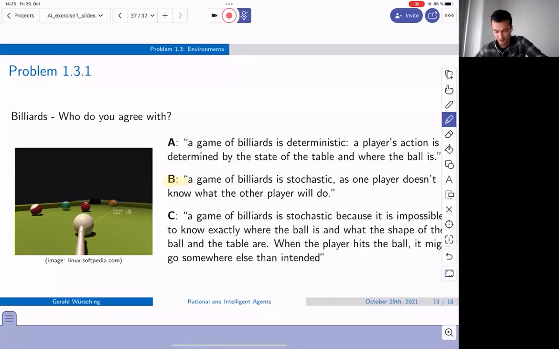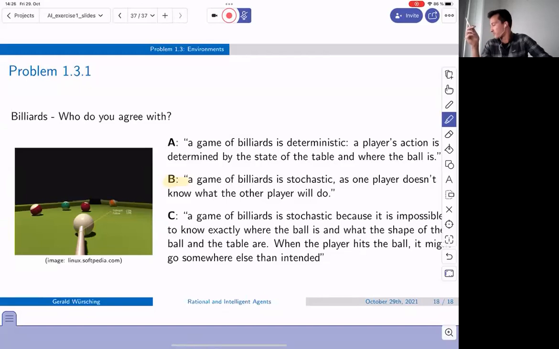This is actually a pretty important explanation here. In this case, it depends a little on how we define the other players. If we regard the other players as other agents, then we have a multi-agent environment, and this multi-agent environment is not necessarily stochastic.